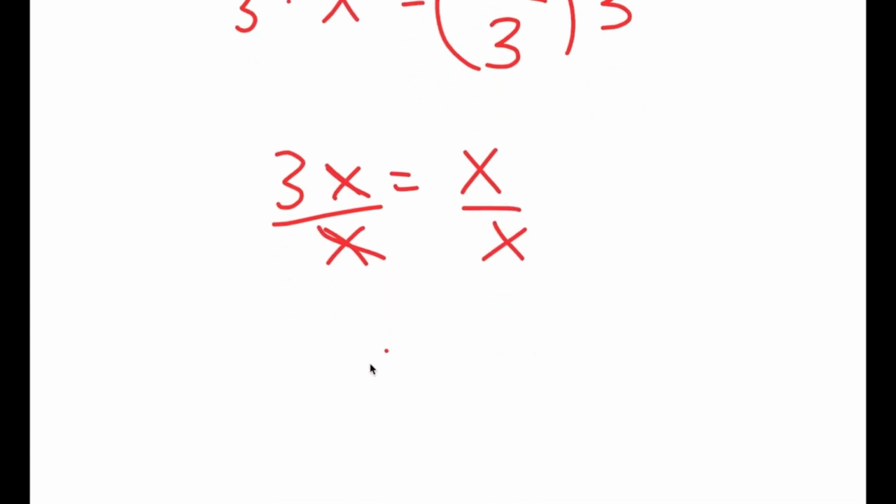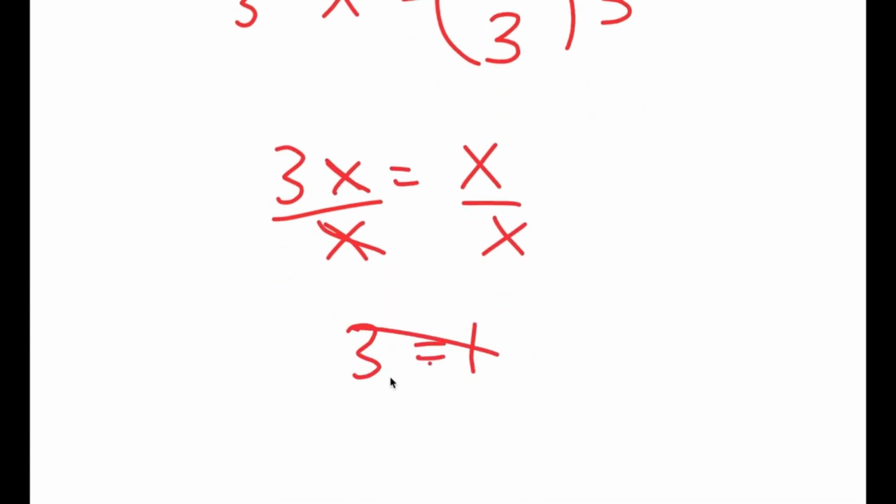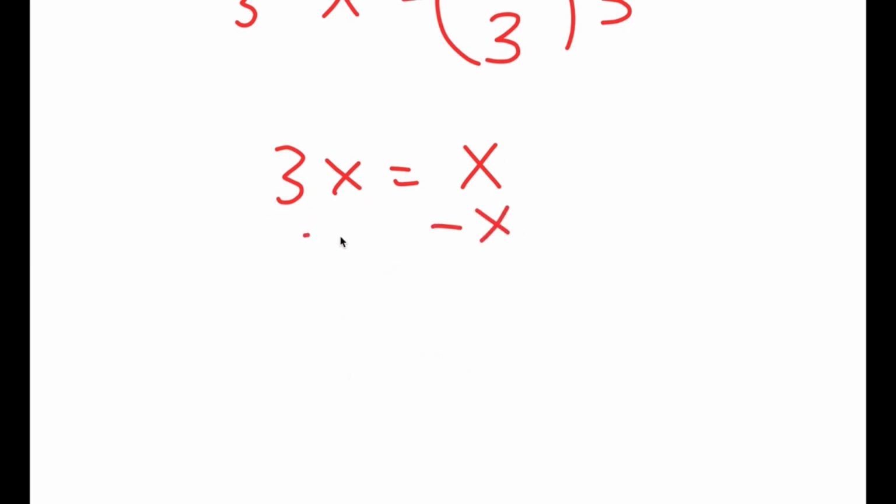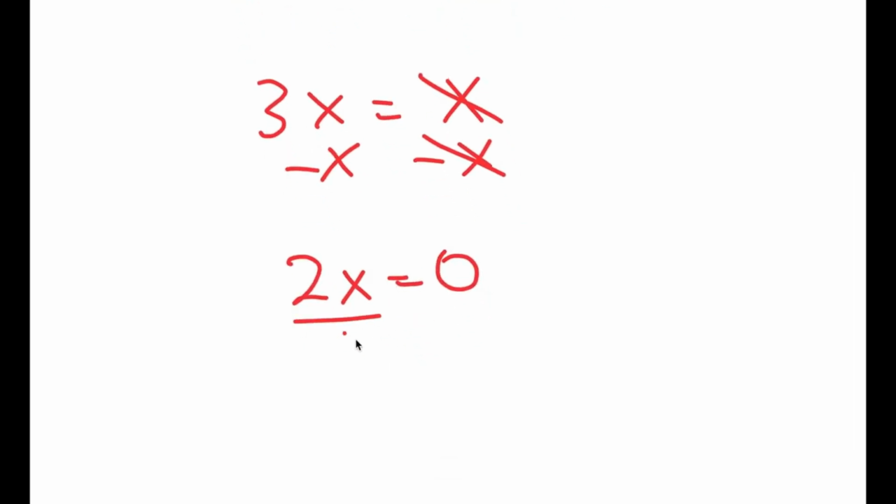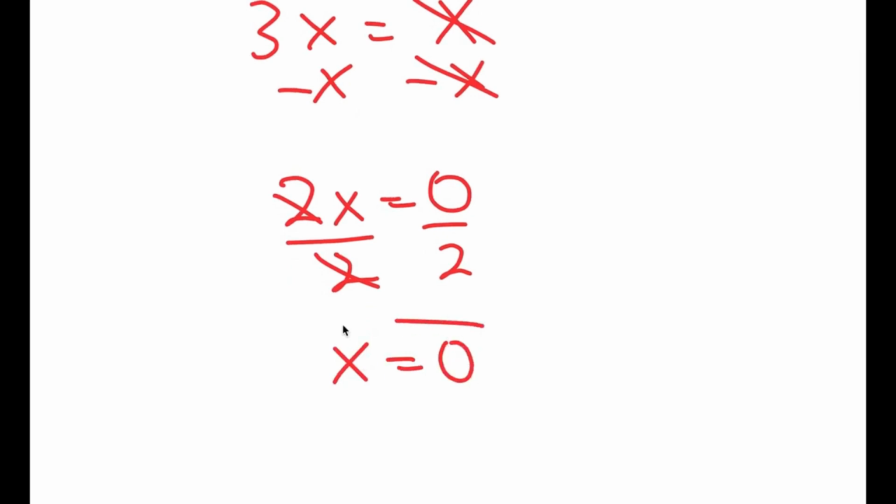But if you do this, you get 3 equals 1, which is an incorrect statement. So instead, what you should do is subtract x on both sides. So you get 3x minus x, which is 2x, is equal to 0, meaning x is equal to 0 divided by 2, which is 0.